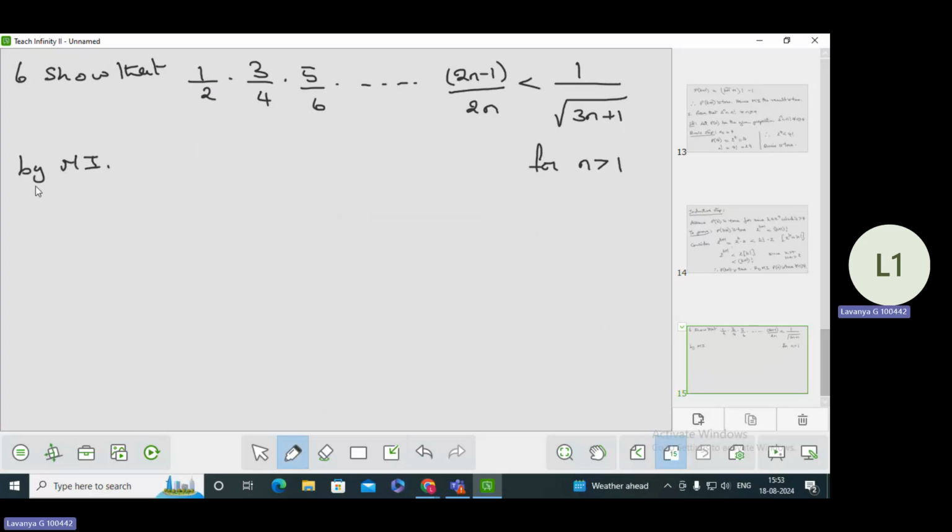Okay. So let P of n be the given proposition.